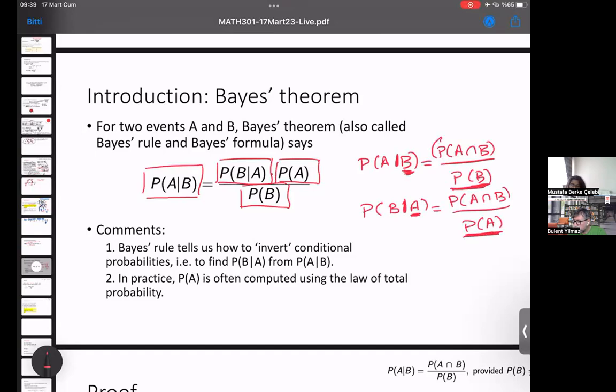What's the numerator? It is the common event, or the intersection of events A and B.